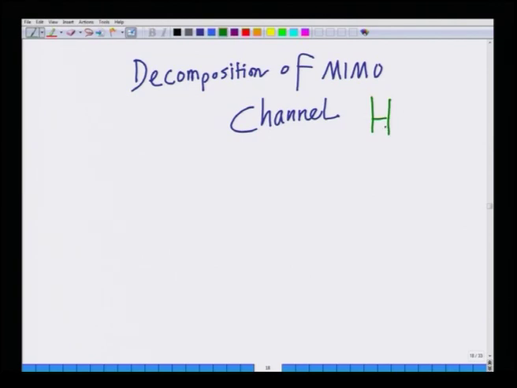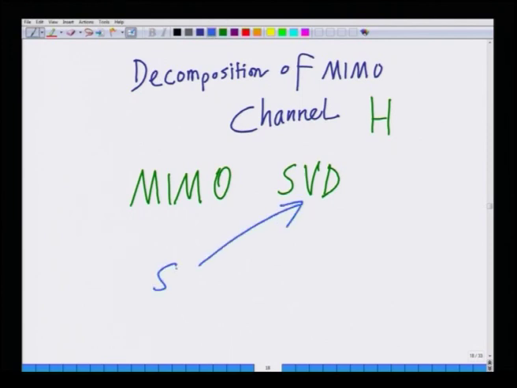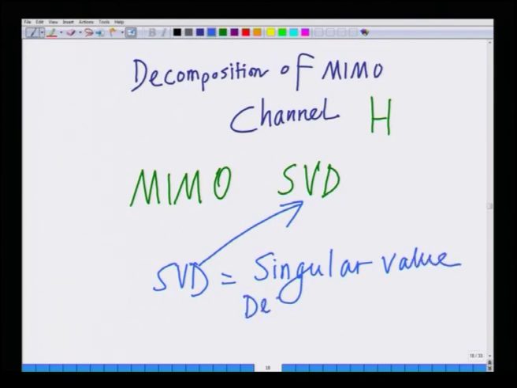In fact, specifically we are going to look at one specific decomposition, that is the singular value decomposition. We are going to look at MIMO SVD, where SVD stands for the singular value decomposition.